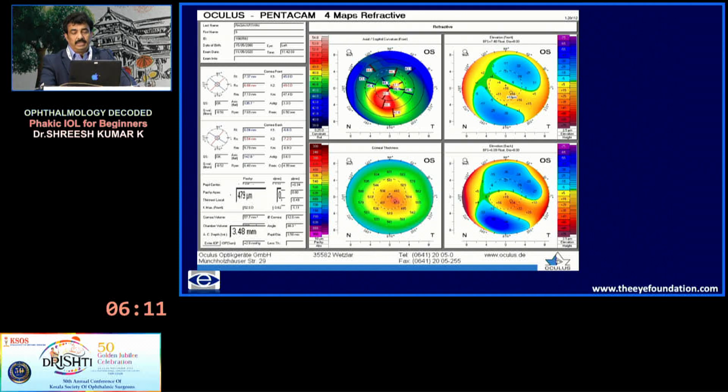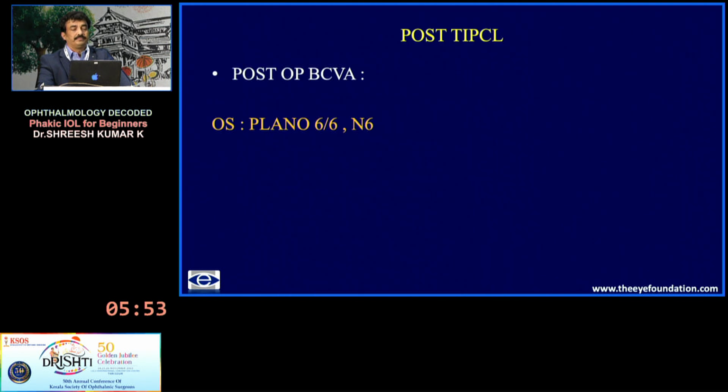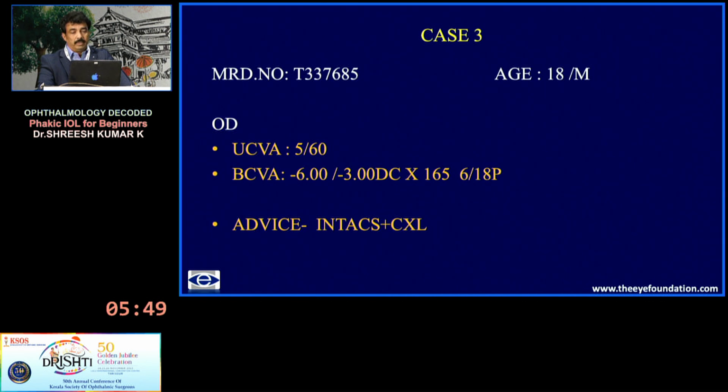It's not a highly decentered cone, but the visual acuity is improving to 6/6. This has to be understood. Any keratoconus patients, if the visual acuity is good with the glasses, these are the candidates which can be implanted with phakic IOLs. And post-operatively, the patient is doing well, 6/6 plano.